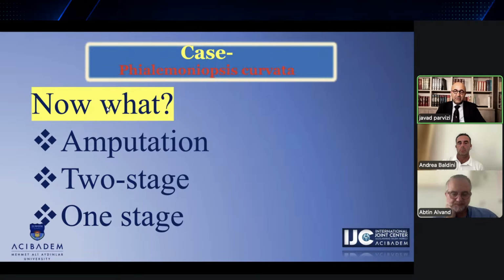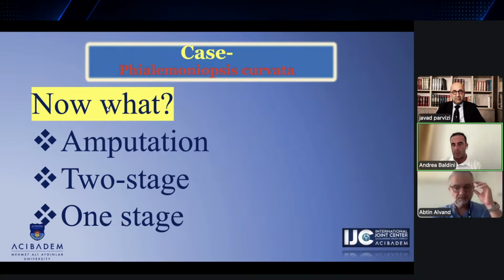Okay, Andrea, what next? You have done a partial opening of the case, but the bacteria is still there. So you have the germ. You can have the same success of having one versus two stage. Of course, we don't have too much experience on multiply operated legs with one stage.